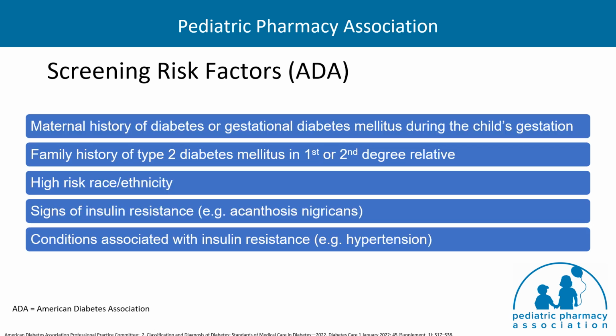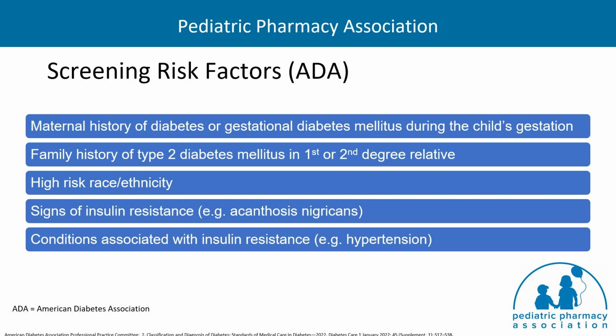Those important risk factors that we need to be aware of per the American Diabetes Association include the following. If a patient presents and they're 10 and up with either overweight or obesity and they have one of these factors, we go ahead and screen them. The first is a maternal history of diabetes or gestational diabetes mellitus during the child's gestation.